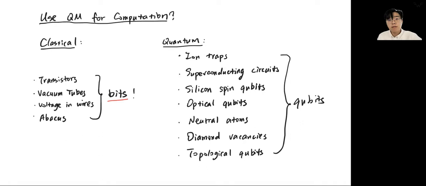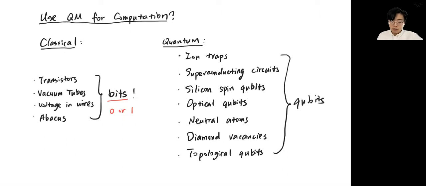And they can be implemented physically or realized by a bunch of things like transistors, vacuum tubes, voltage in wires, even abacus. They all come to be abstracted as bits, 0 or 1. And this is how our digital computer stores information, computes information, and so on.